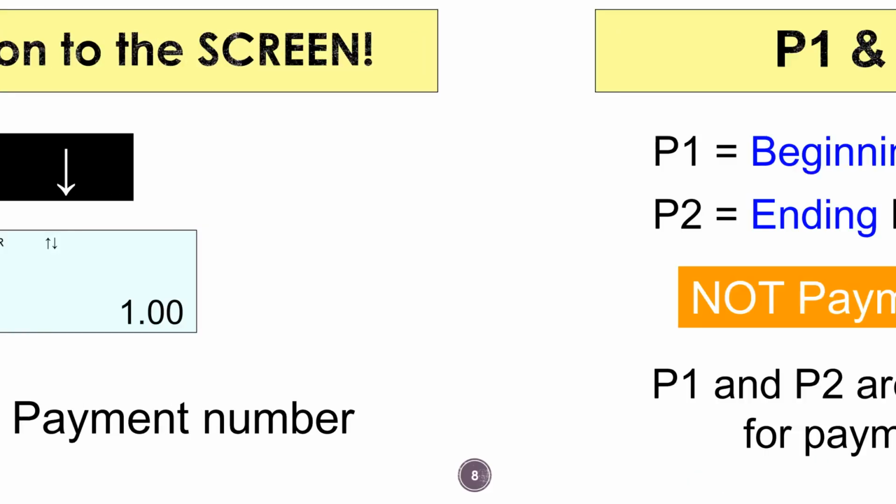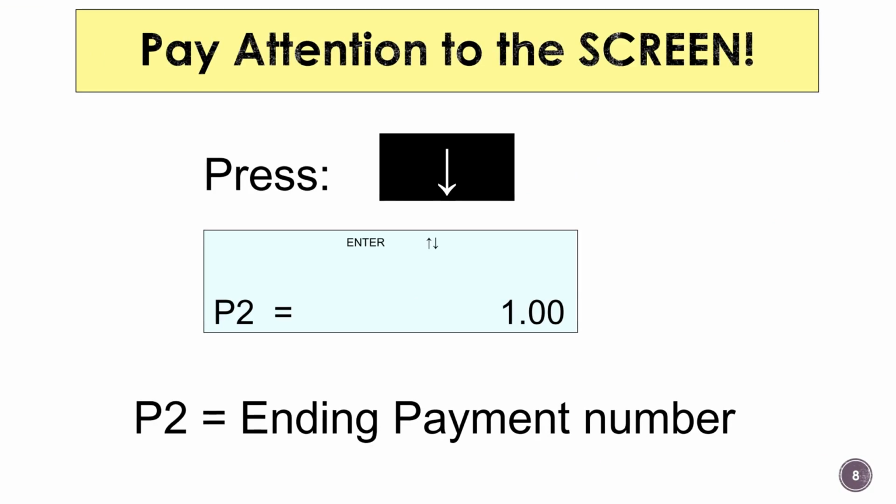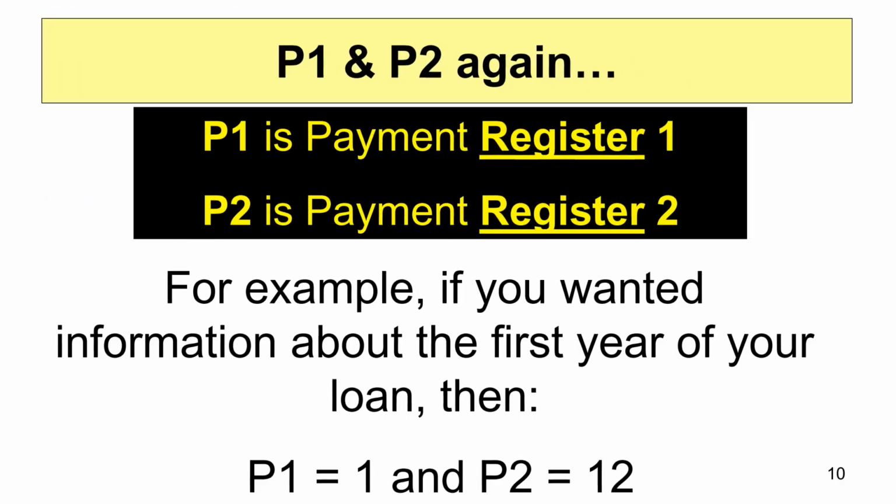And so then you can use your arrows to go up and down. So you can go back to P1 or down to P2. Remember, beginning payment, ending payment, not payments 1 and 2, just wherever it is you want to start and end. They're just registers for our payment numbers. So P1 is always register 1. And P2 is always register 2, and that means beginning payment, ending payment.